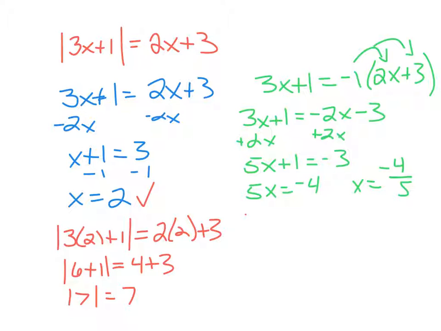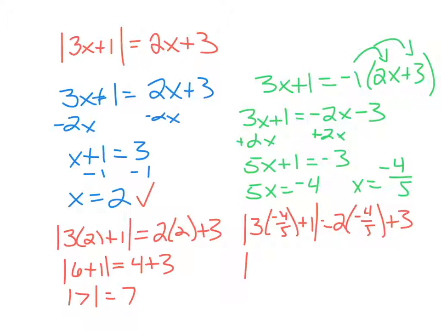Back to the original. So the absolute value of 3 times negative 4/5 plus 1. And does that equal 2 times negative 4/5 plus 3? So then we have the absolute value of negative 12 over 5. I'm going to get a common denominator to save a little room here. 5 over 5.